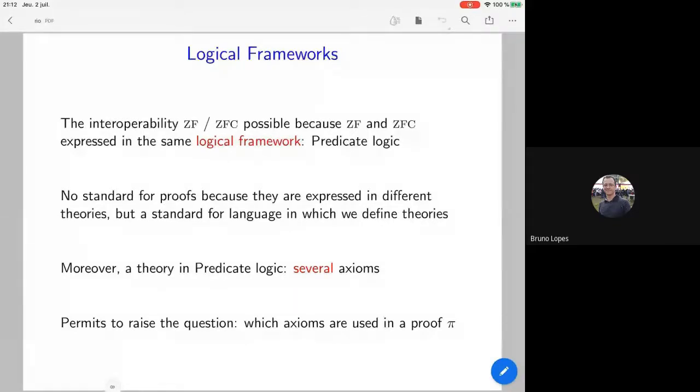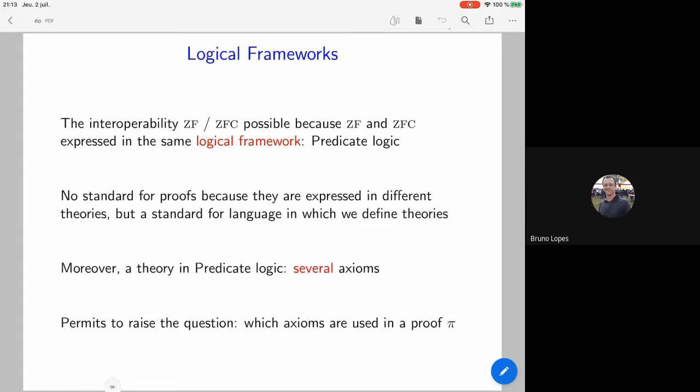So we just said that it's not possible to have a standard for proofs because the proofs are expressed in different theories. But predicate logic as a logical framework is a standard not for proofs, but for languages in which we define these theories. And moreover, predicate logic is a logical framework where each theory is expressed with a number of axioms. In the case of set theory, we have maybe 7 or 8 axioms, including axiom schemes, of course.